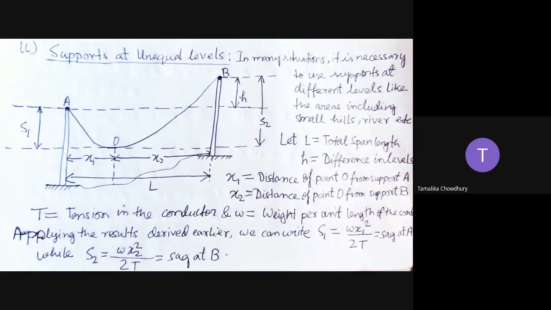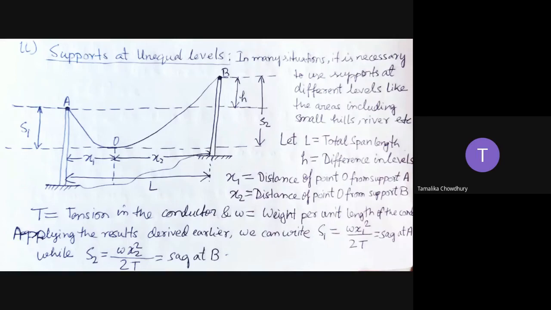Means for tower A, calculate the sag. For tower B, calculate the sag. So the sags are different in case of unequal support levels. Now you see, I'm reading this. In many situations, it is necessary to use supports at different levels, like I said, the areas including small hills, rivers, etc.